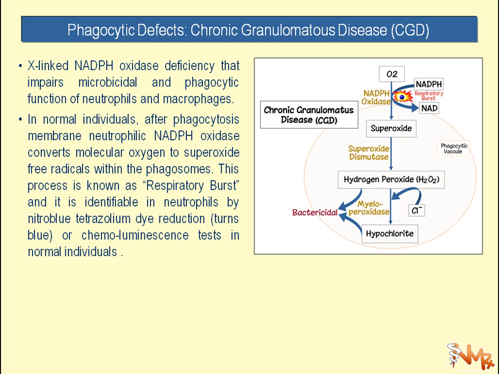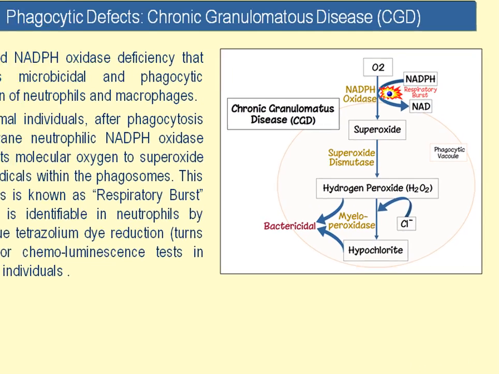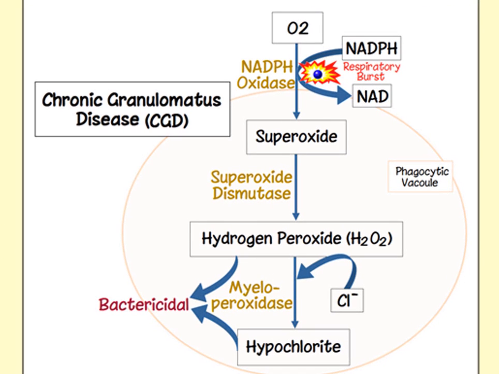In normal individuals, after phagocytosis, membrane neutrophilic NADPH oxidase converts molecular oxygen to superoxide free radicals within the phagosomes. This process is known as respiratory burst, and it is identifiable in neutrophils by nitro-blue tetrazolium dye reduction that turns blue, or chemiluminescence test in normal individuals.